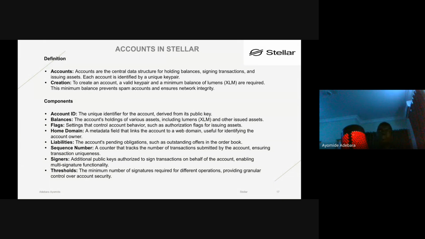Let me explain order book to you. So here is how order book works. We have a list of buyers and a list of sellers. The sellers place their orders and say, okay, when the price of this token is so and so, I want to sell.